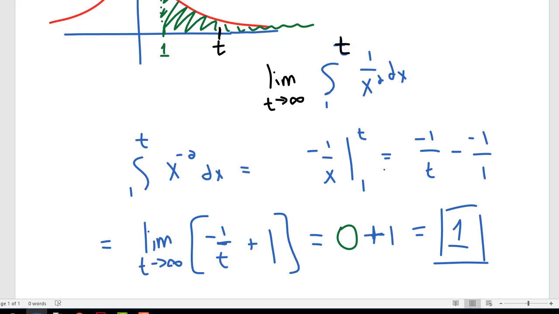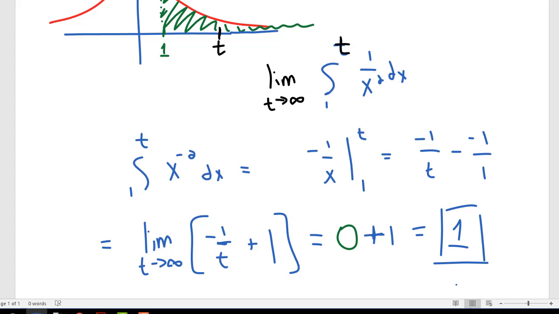Now, usually in this section, an author of a textbook would introduce two new terms: one is called convergent and one is called divergent. If this improper integral has a finite value, in other words, if the limit exists, then we say the integral converges.